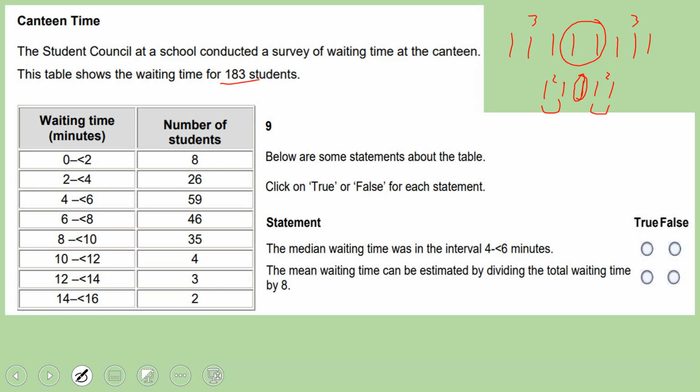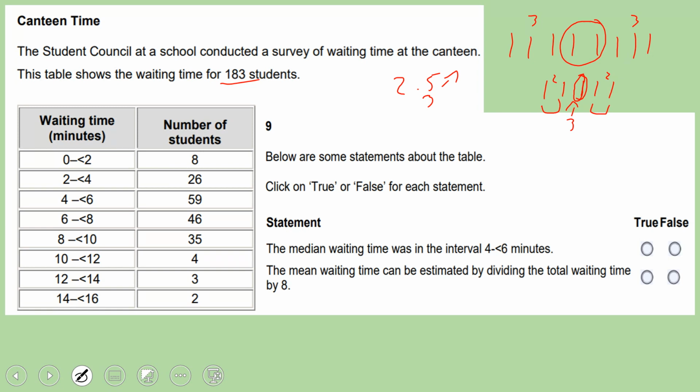183 is odd. So we need to find who is the median person. And just like what we do with 5, if we did 5 divided by 2, we get 2.5. We round that up, and that will get us 3, and that's the median value, the third person.